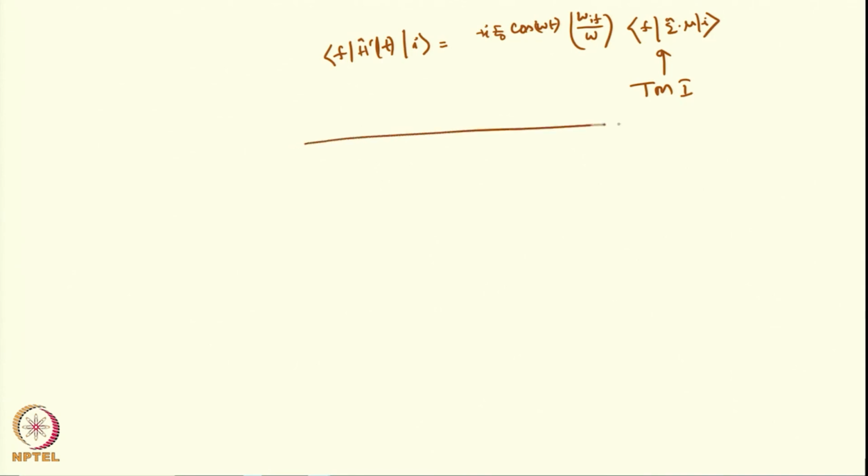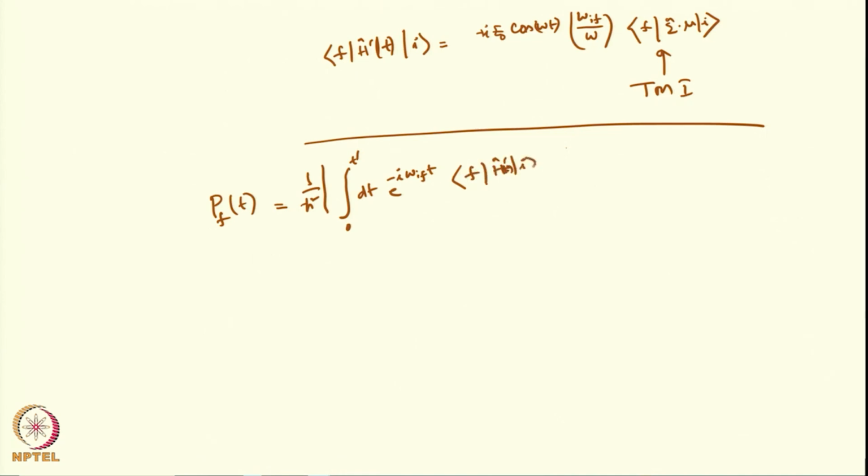Now, this is just a transition, but your transition probability P_f of t is given by 1 by h bar square, integral of 0 to t prime dt e to the power of minus i omega_fi t, integral f H prime of t i, whole square. But now we have evaluated this integral as this.